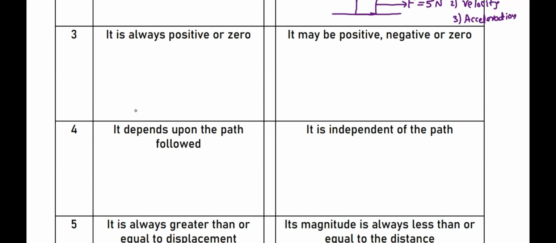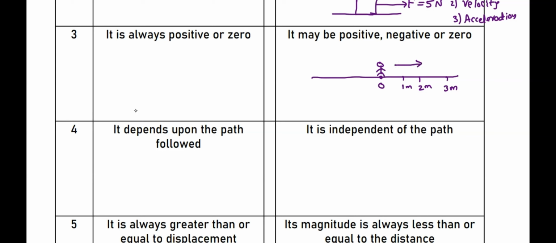While coming to displacement, suppose it is the x-axis, this is the origin, and this is 1 meter, 2 meter, 3 meter, like this. A body, or a person, is initially standing at O and is moving towards right.